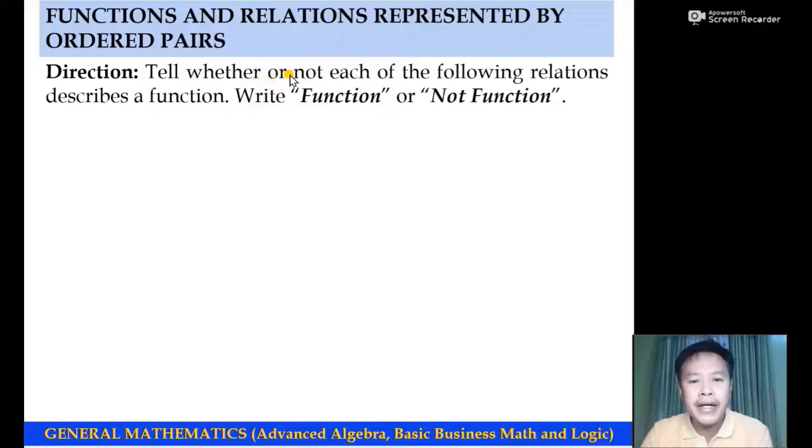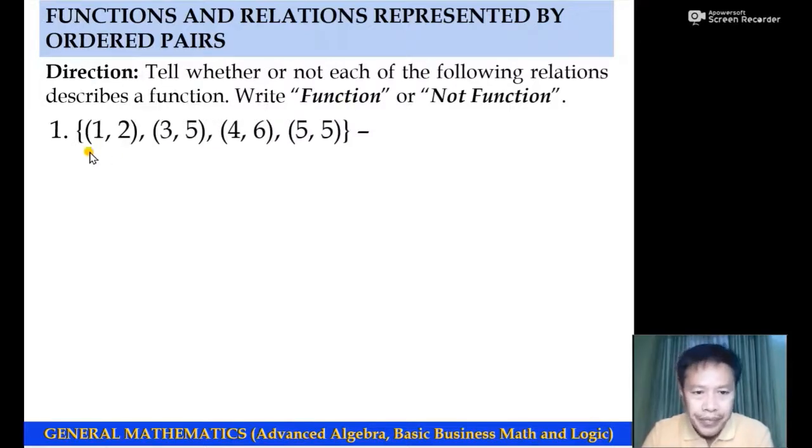So tell whether or not each of the following relations describes a function. Take note of the direction, write function or not function. So this is the term that you are going to write in your answer. Okay, number 1.